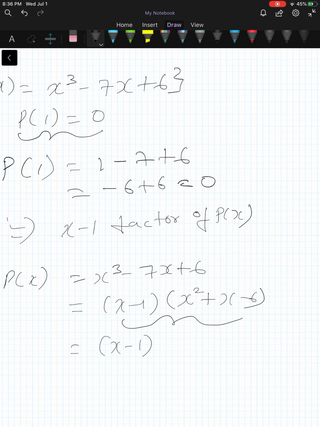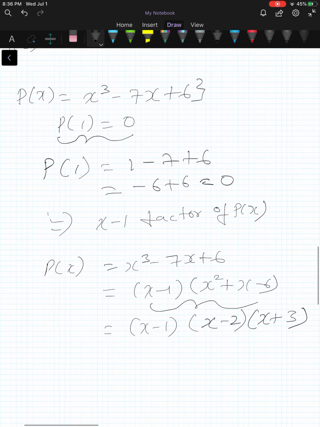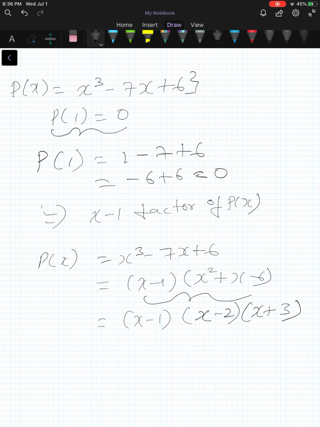The second term, that is the quotient, you can split using the trial and error method that we learned to simplify algebraic expressions. So this can be written as x minus 2 times x plus 3. This is how we use the factor theorem. Okay, this completes section 3.3 of the book.